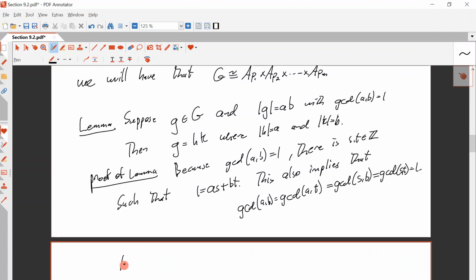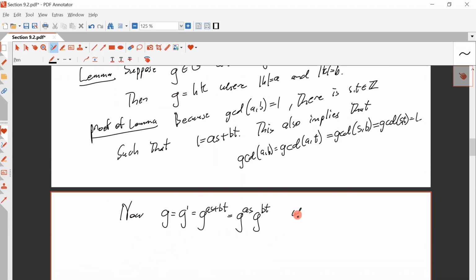So now, g is equal to g to the 1, which is g to the as plus bt, which is g^as times g^bt.